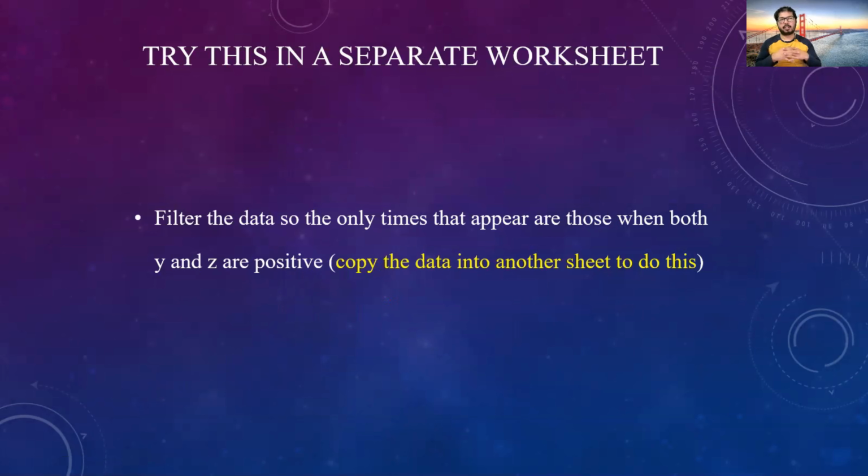Imagine that someone asks you to only have the data which has positive values for both Y and Z position. Only the positive data will be shown in the chart. So how can we do that?